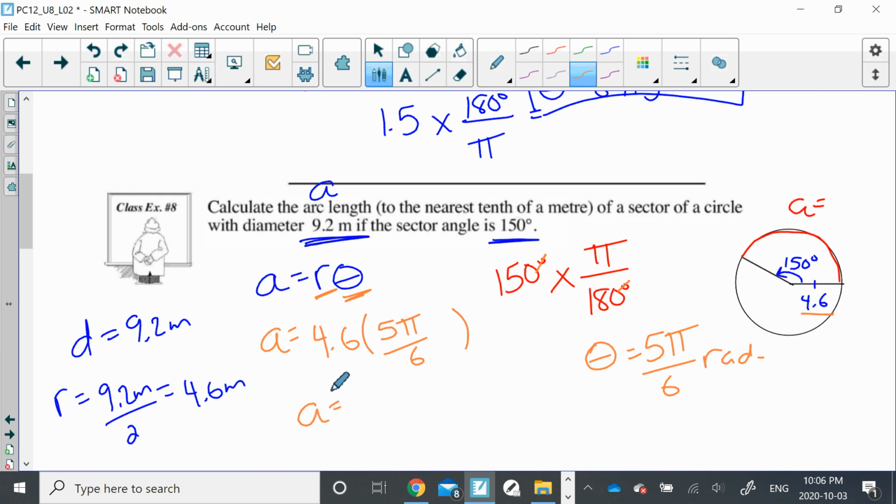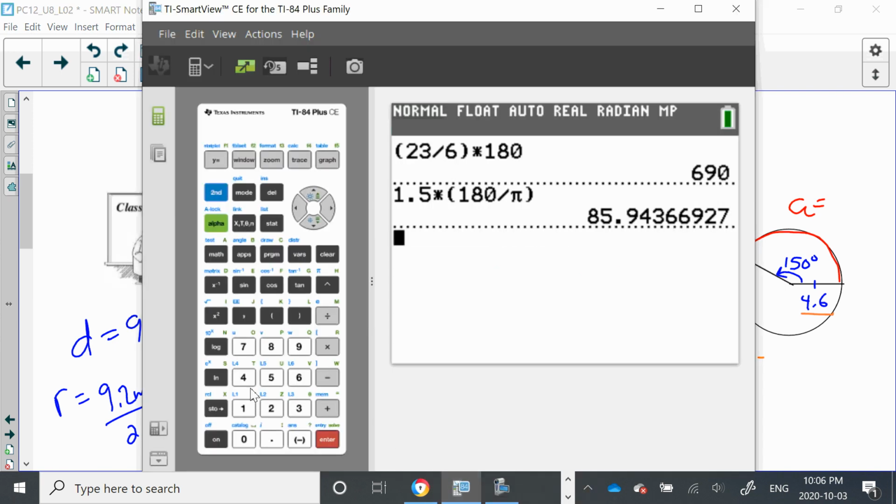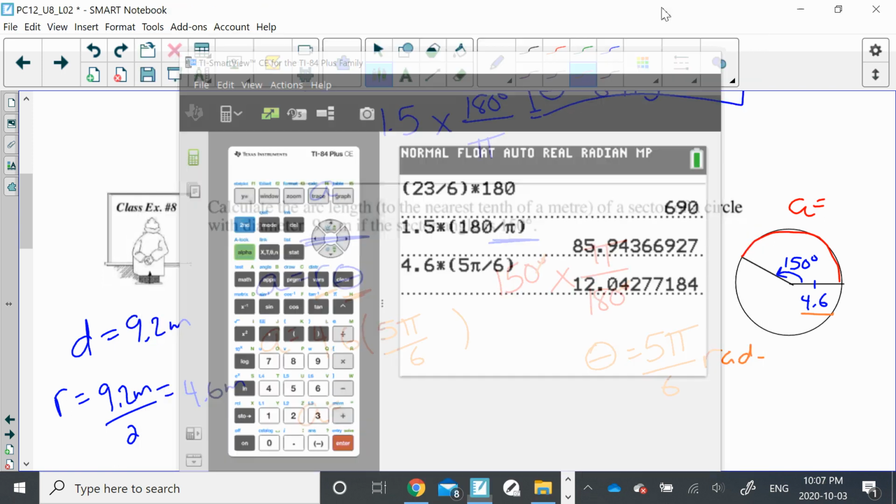So we're going to punch this in our calculator: 4.6 times 5 pi divided by 6. And the arc length of that circle would be 12.0 meters.